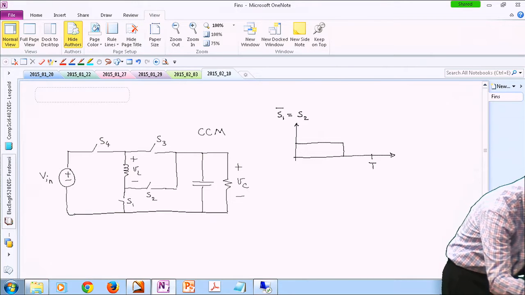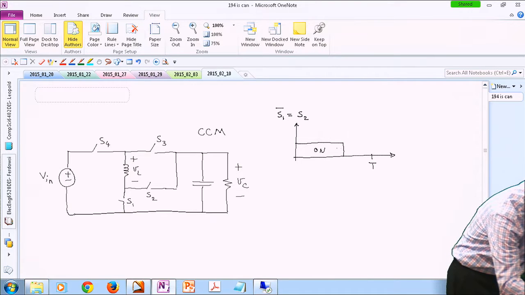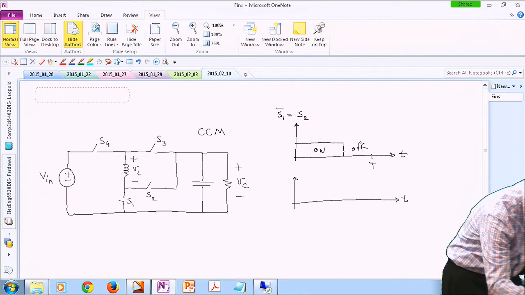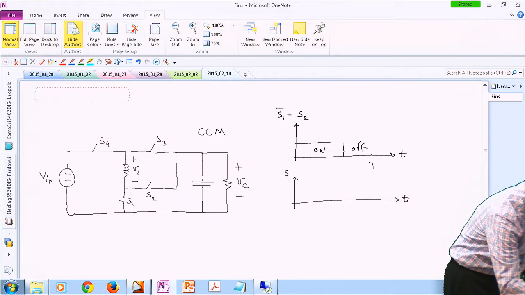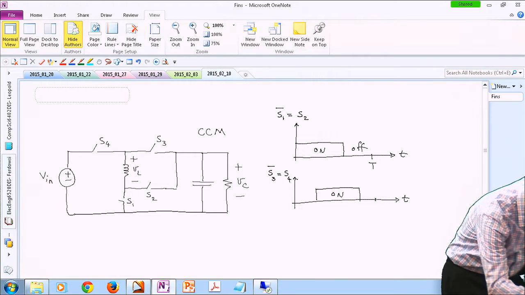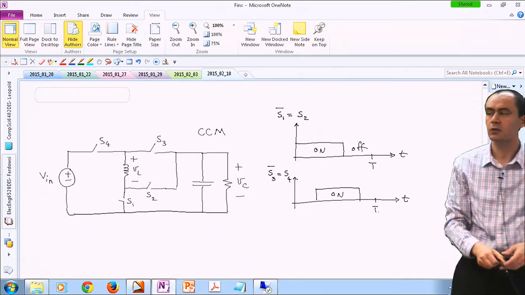So let's say this is one switching period, kind of a standard, but then for S4, we have a time shift. But still, the switching frequencies are the same.